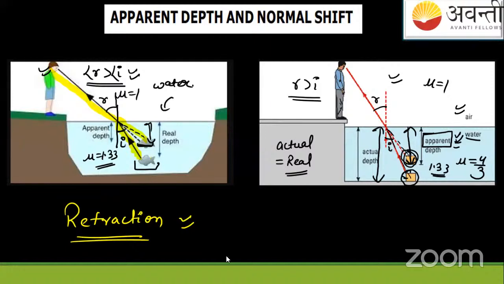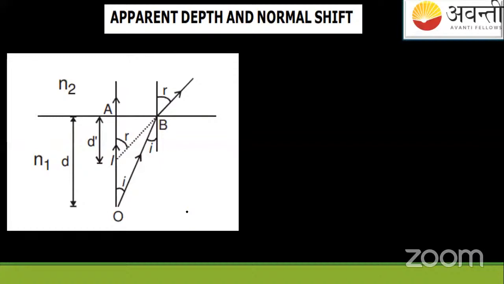Very good. Okay, students, now let us see the mathematical formulation. Just relax and watch this on the screen. So the mathematical formulation is this, students. This is the object here. Rays are going like this.